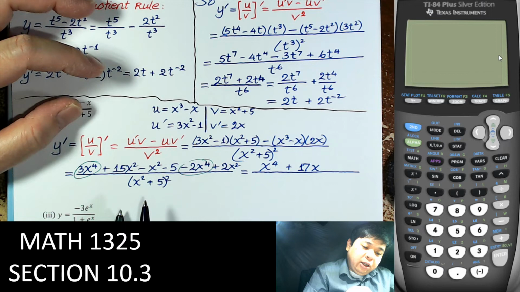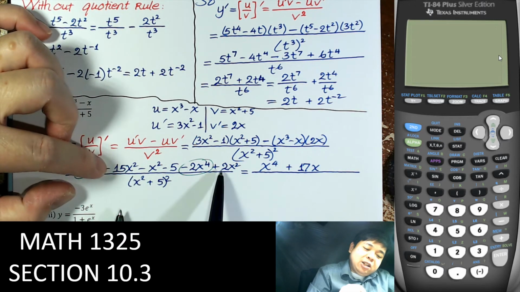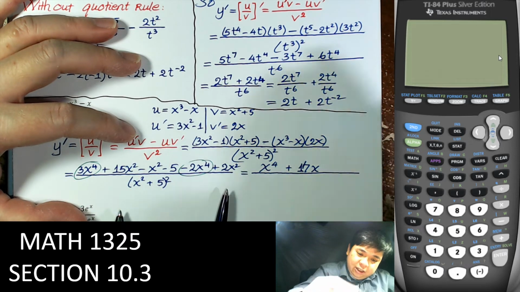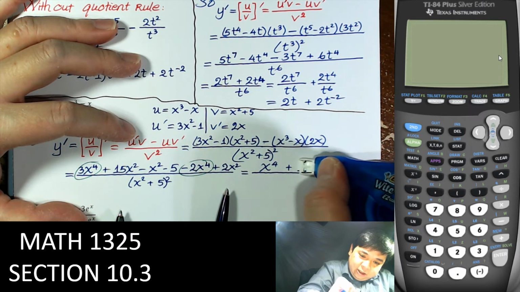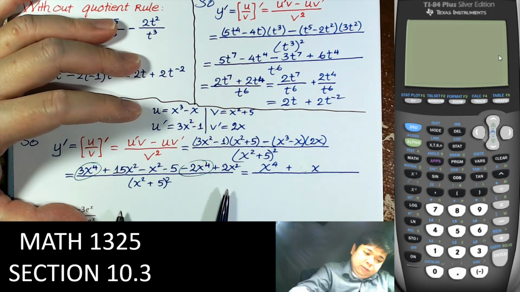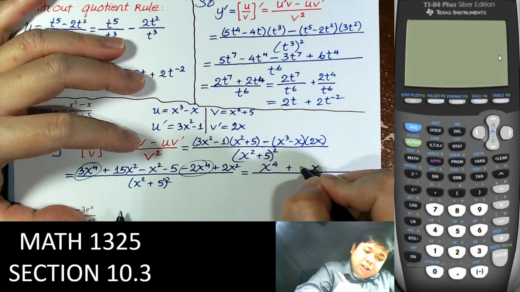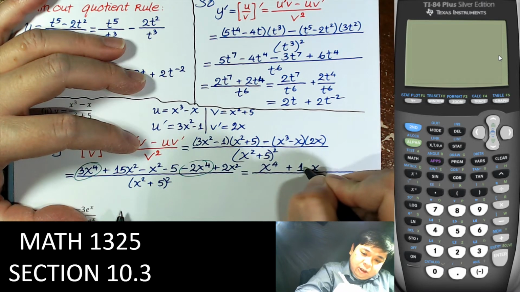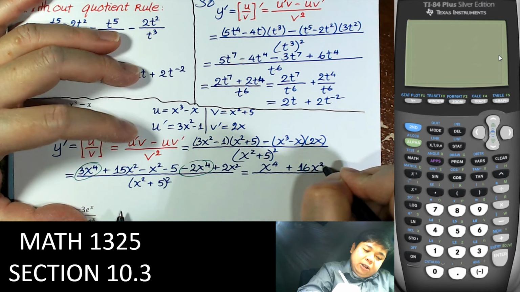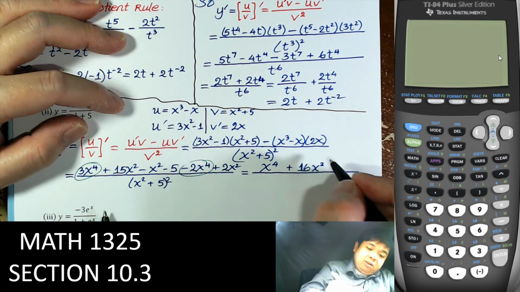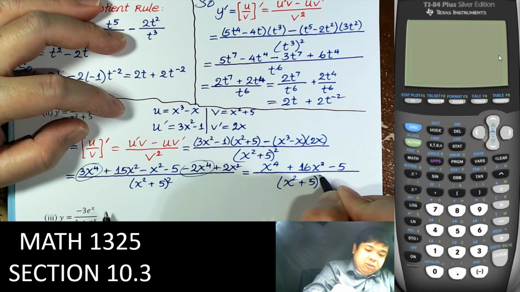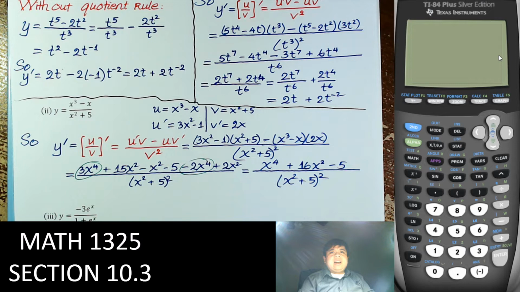Sorry, 15 and 2 but minus 1, that's 16 x squared, and then there's the minus 5 by itself, over x squared plus 5 at the bottom, squared. So we just leave it like that.